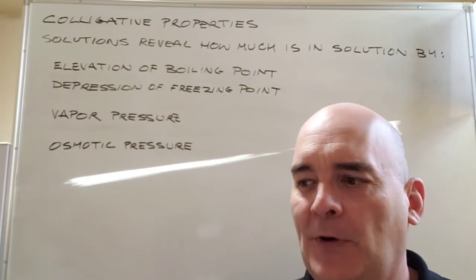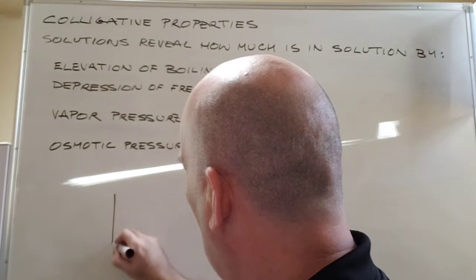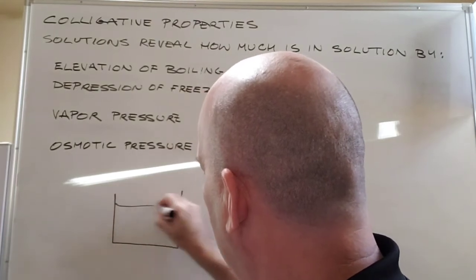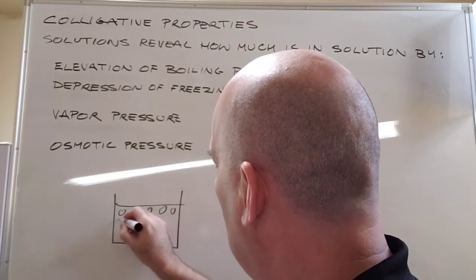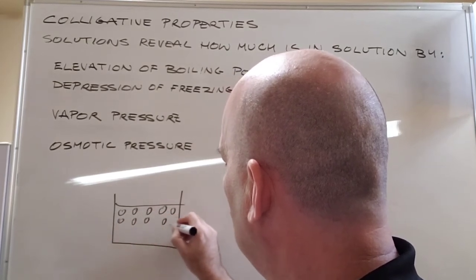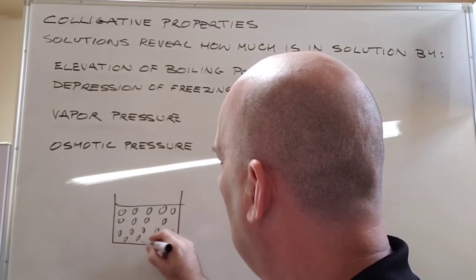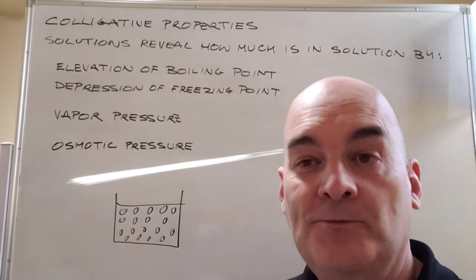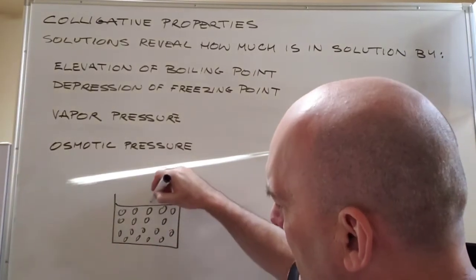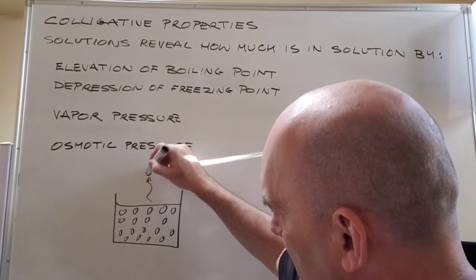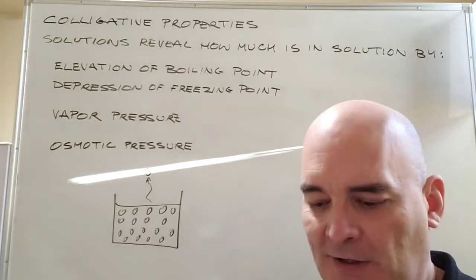One is vapor pressure. Now, we looked previously and we saw that if I have liquids in a container, then some of that liquid, we've all been around liquids that you can smell them. Yes, they're still liquids, but some of that liquid has managed to get into the vapor phase.